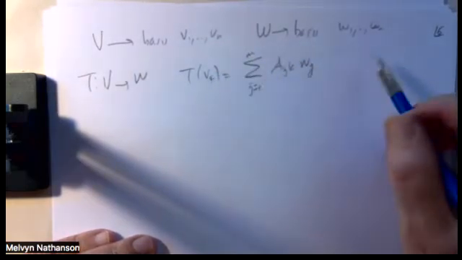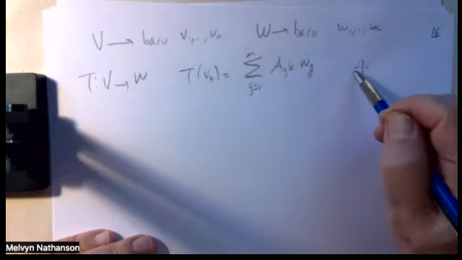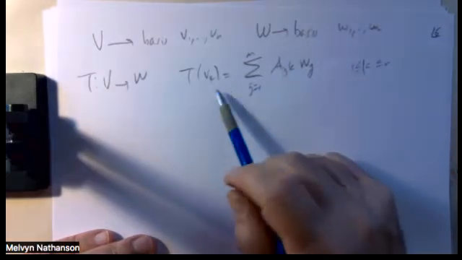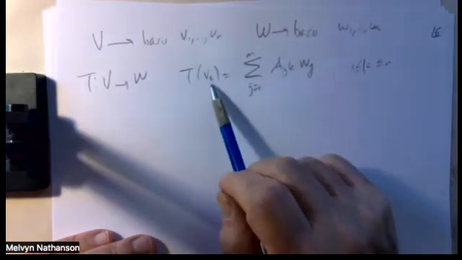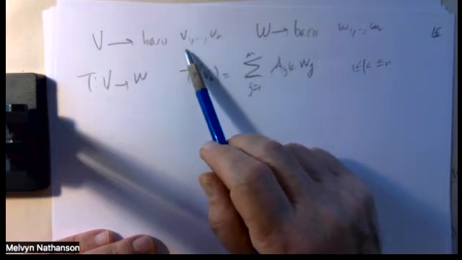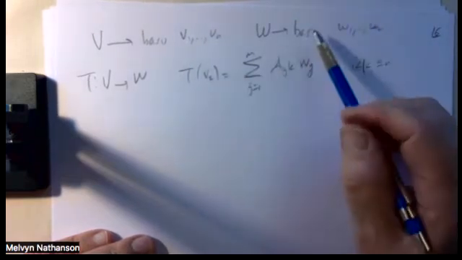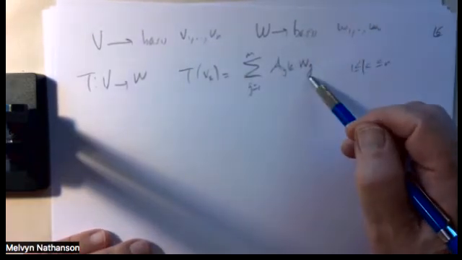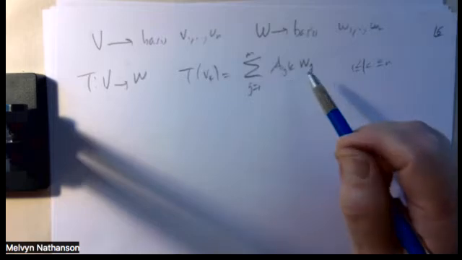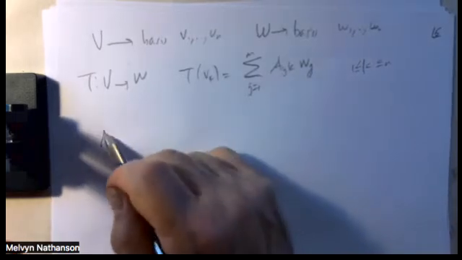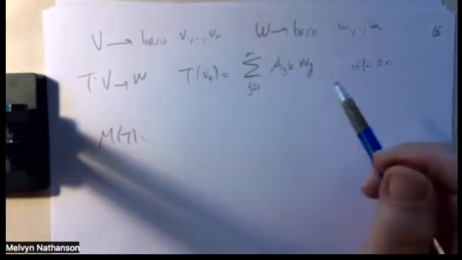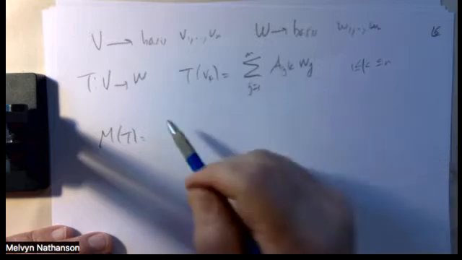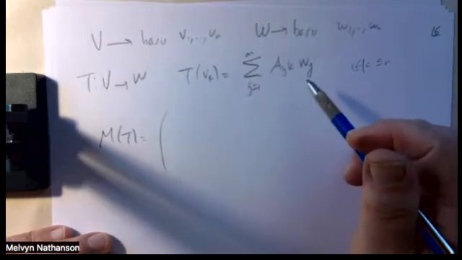For every k between 1 and n, because the vk's are the elements of the basis for V, T of vk is a linear combination of the wj's, and I write the coordinates like this. M of T is the matrix for T, and it is going to be an m by n matrix.